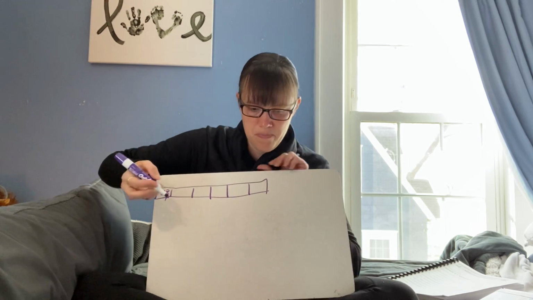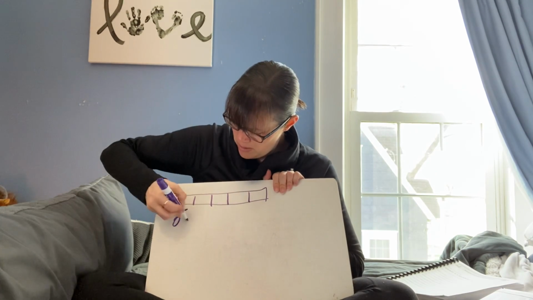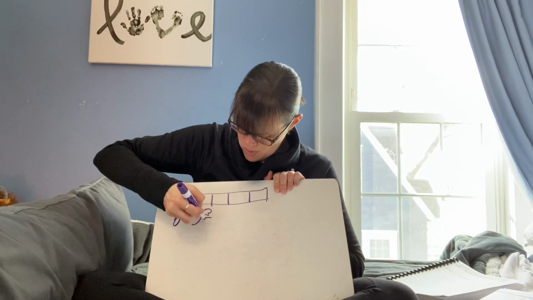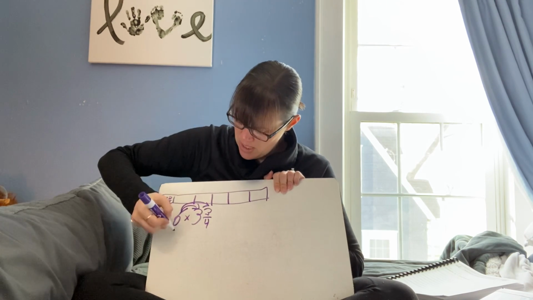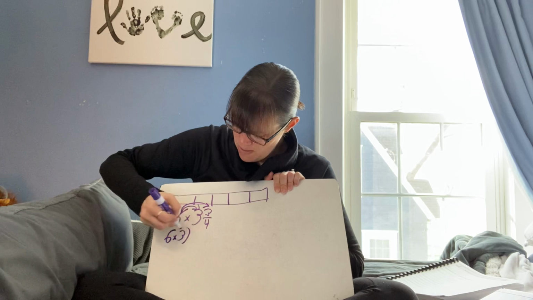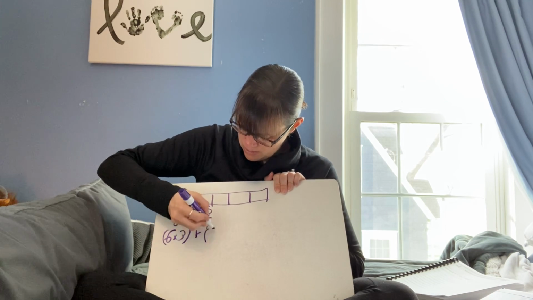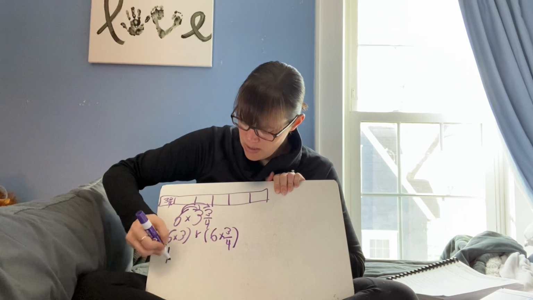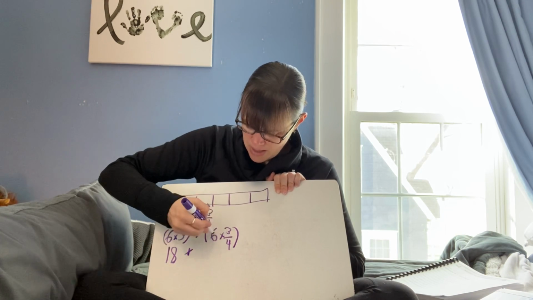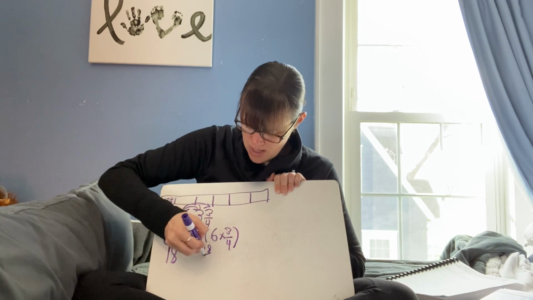I multiply. So 6 times 3 3/4. See, you thought these were going to get harder, but they're actually getting easier. 6 times 3 plus 6 times 3/4. 6 times 3 is 18 plus 18/4.